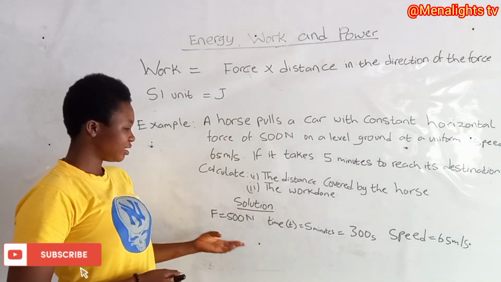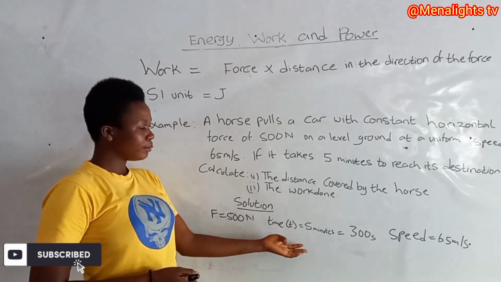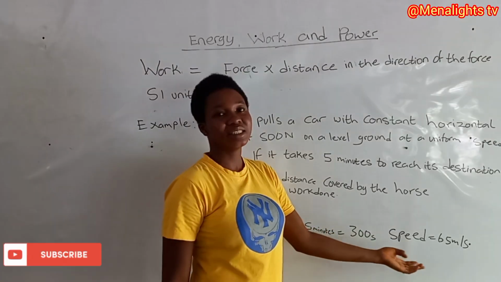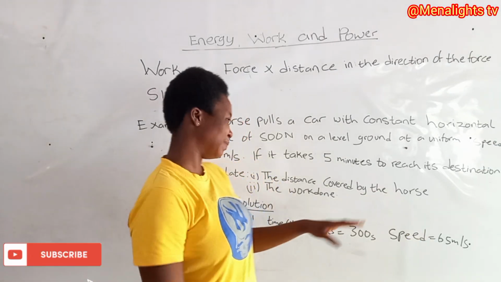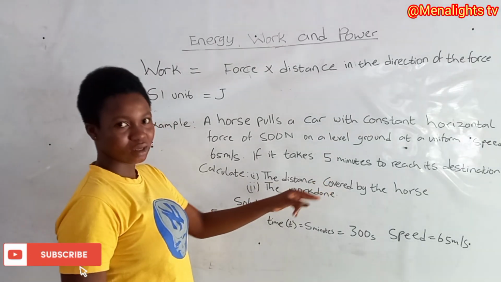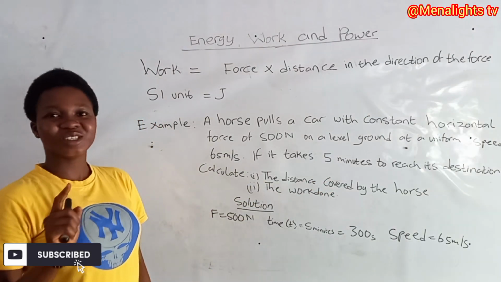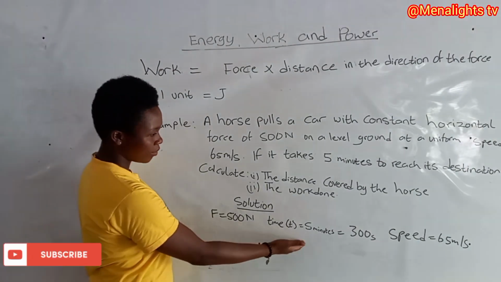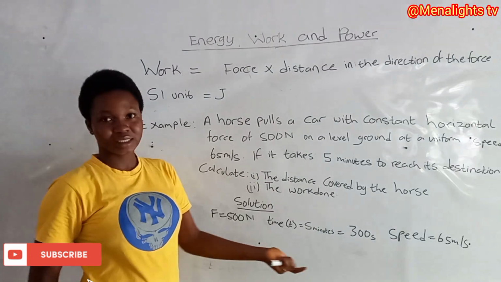So here the force is 500 newtons, the time is 5 minutes, which is equal to 300 seconds, and the speed is 65 meters per second. First, we are asked to find the distance covered by the horse. We know that speed is equal to distance over time. Here we have the time and the speed, but we don't have the distance.